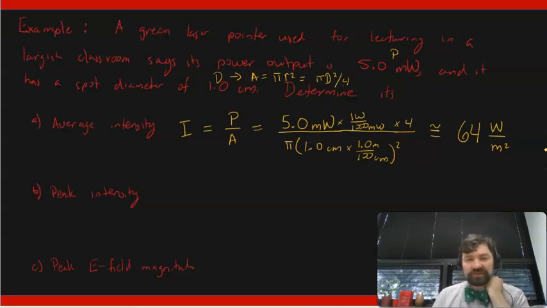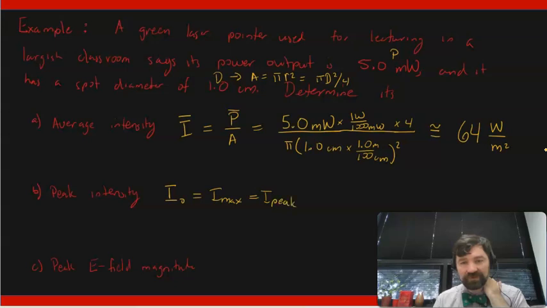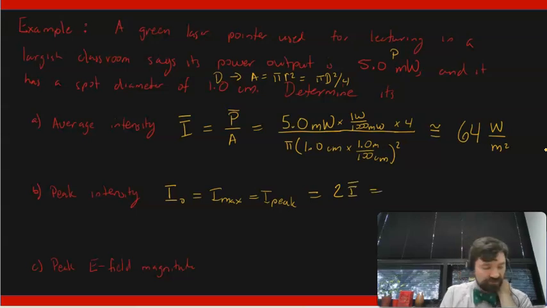Okay, what about the peak intensity? Well, this is basically an average intensity; we're taking an average power per area. The peak intensity would be I naught or I max or I peak. All those are equivalent for our purposes, and that should be 2 times the average value. So if you multiply by 2, you actually end up getting 127.3.